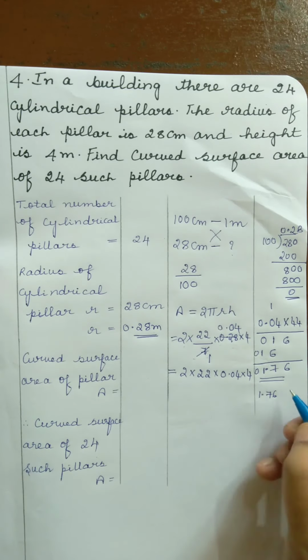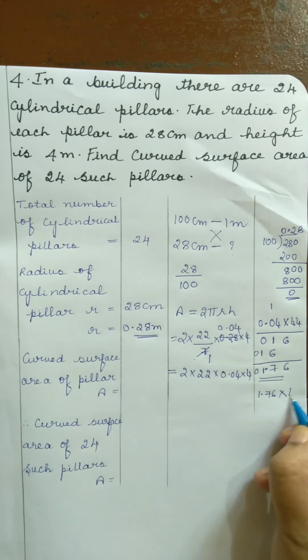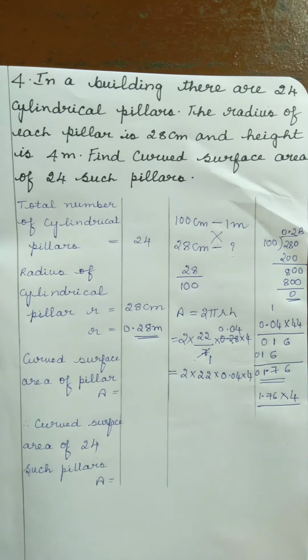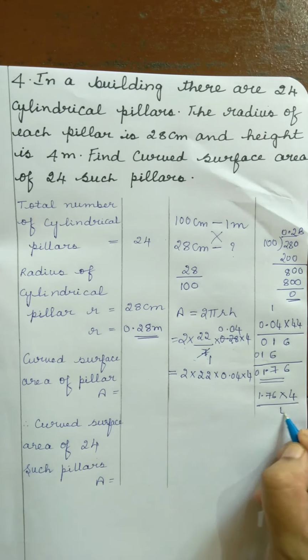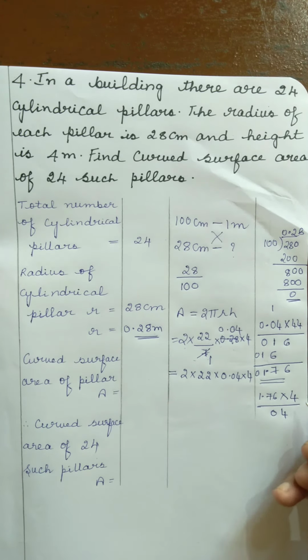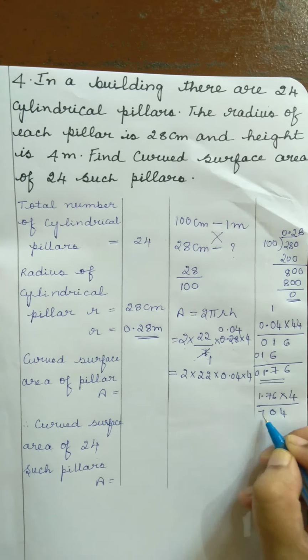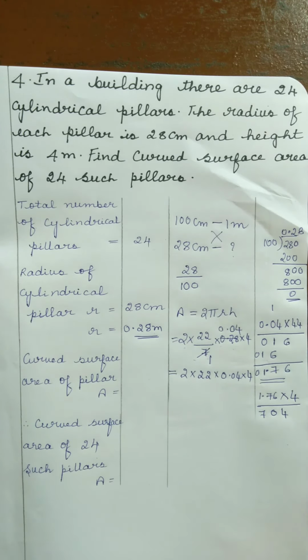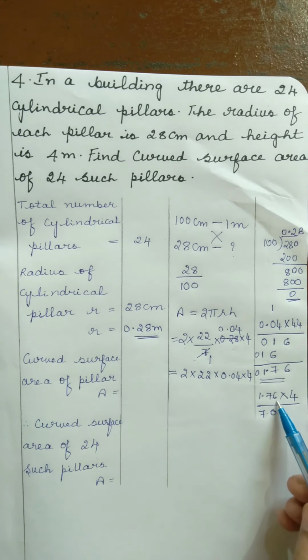1.76 into 4. 6 4s are 24, 2 is remaining, 7 4s are 28, 29, 30, 3 is remaining, 4 1s are 4 plus 3, 7. So here, after the decimal point, there are 2 digits.